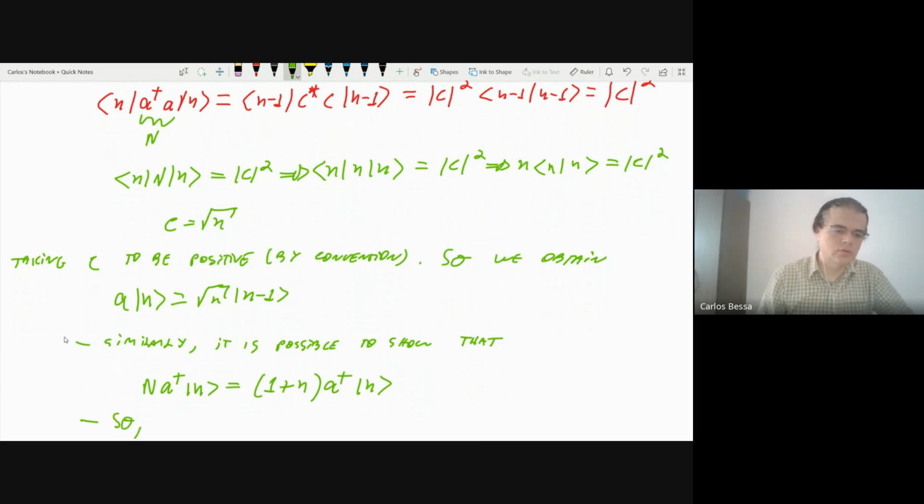So a dagger n and n plus 1 are the same up to a multiplicative constant.